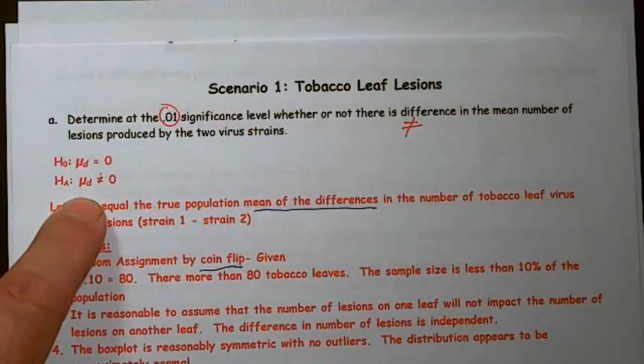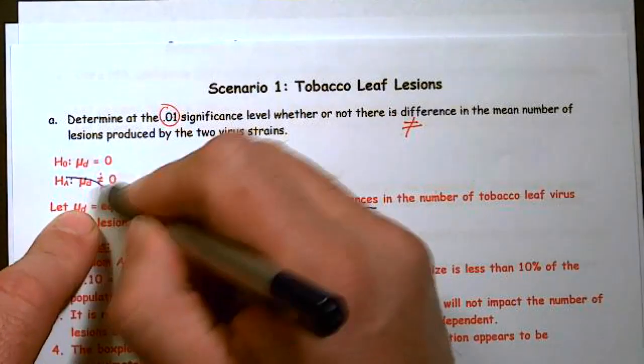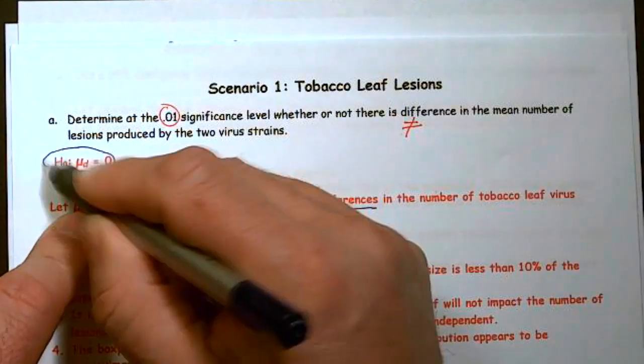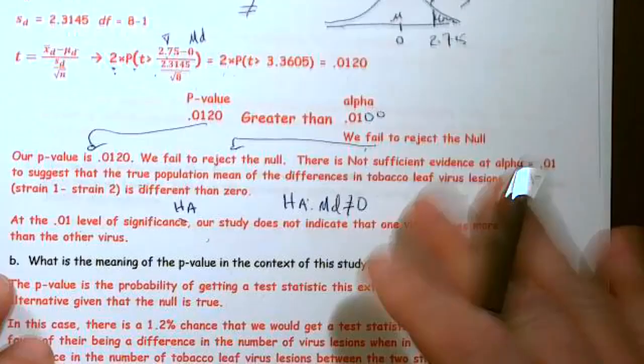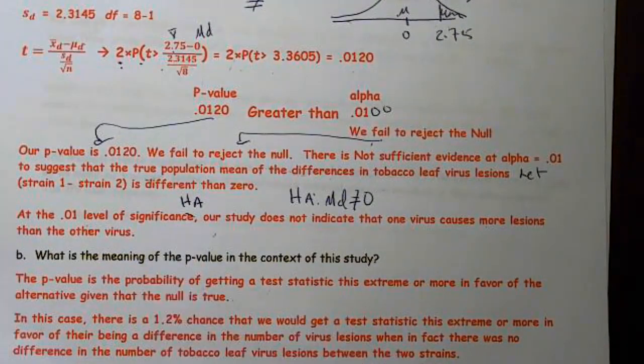We failed to reject. So if we failed to reject, we didn't believe the alternative, we were stuck with the null. And if we believe the null, it does not indicate a difference. So get in the habit of saying that statement.